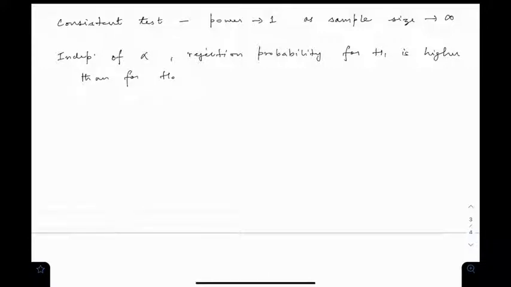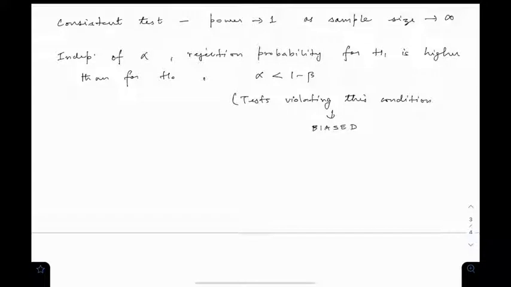That is, alpha is less than 1 minus beta. Tests that violate this condition are called biased. Consistent tests are asymptotically unbiased.